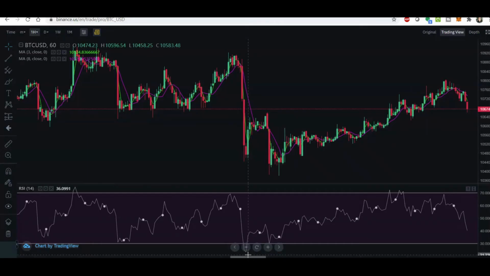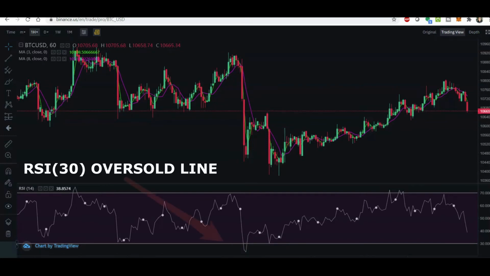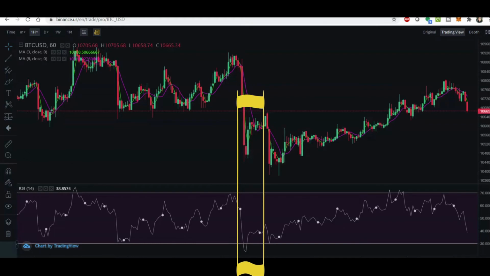So now moving into an oversold setup, the next likely action once the RSI crosses back over the 30% mark is for it to head up. So at this point, you'd probably want to consider again entering into a long position.